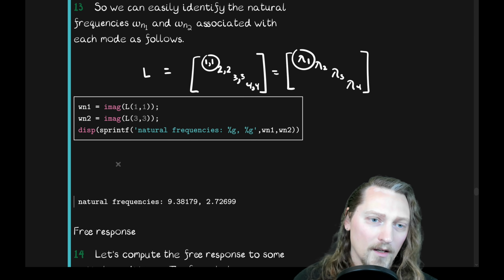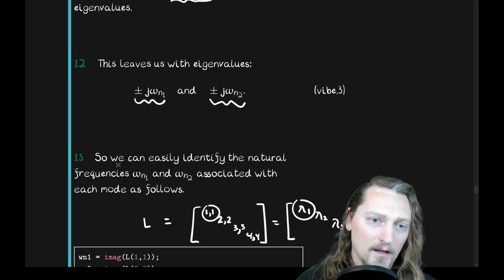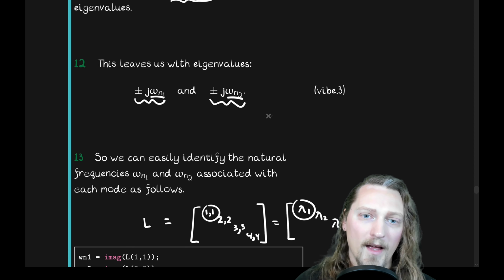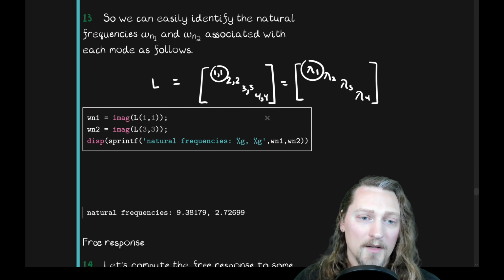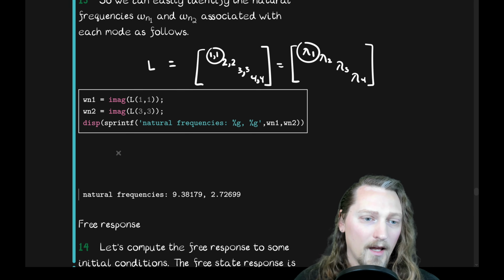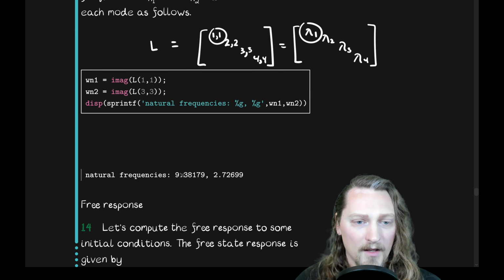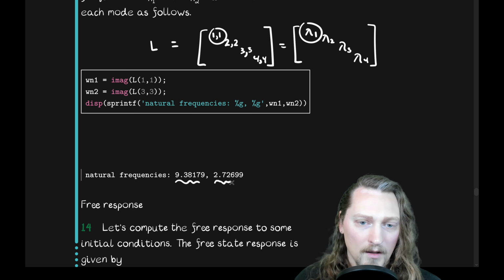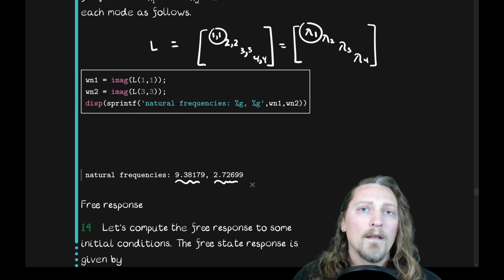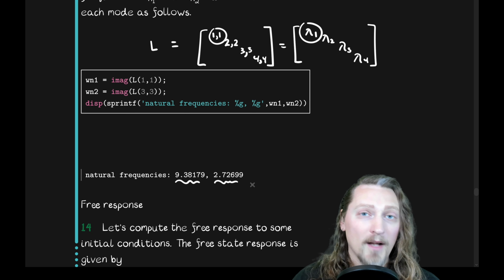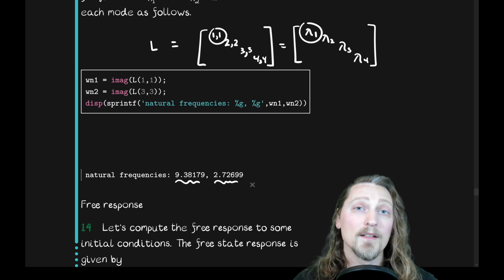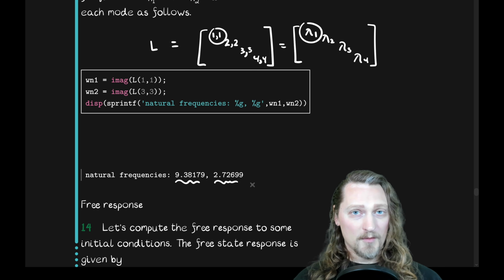So the imaginary part of this and the imaginary part of that are the two natural frequencies. We can identify them by selecting them out and printing them, and sure enough, when we print them, we get 9.38 and 2.73. So we have succeeded in identifying the two natural frequencies corresponding to the two modes of vibration for this problem.